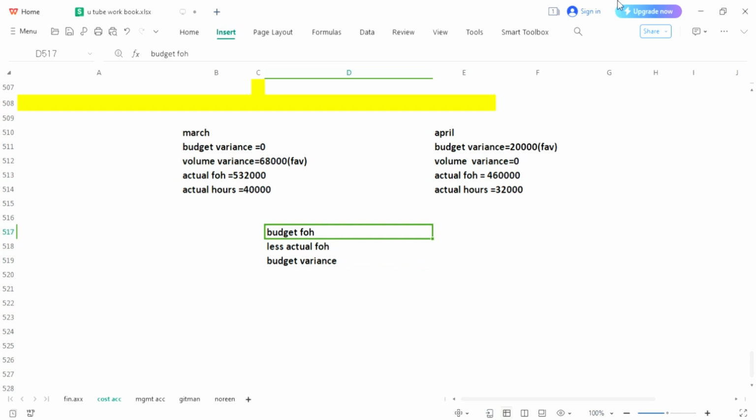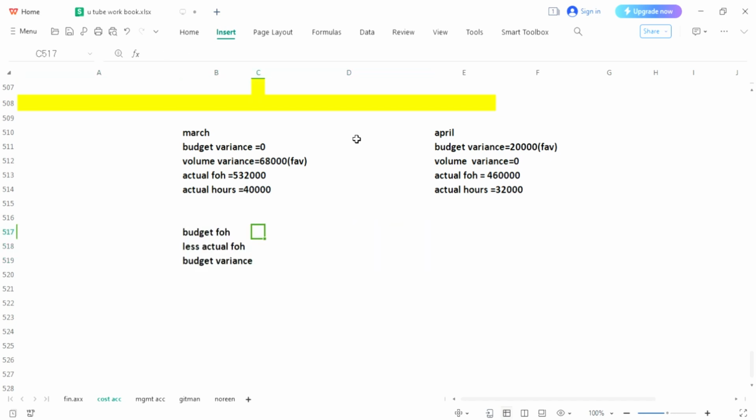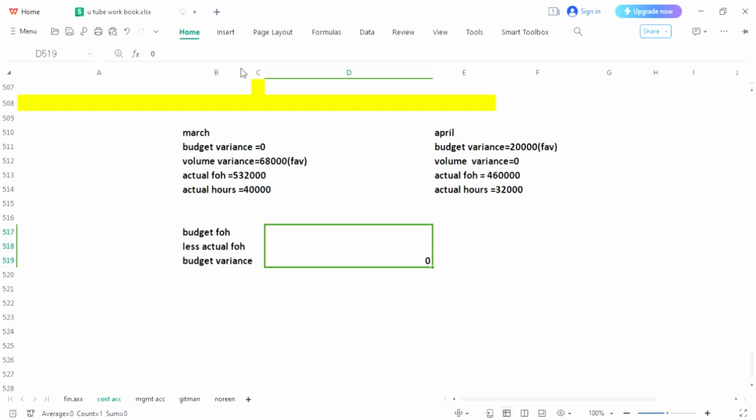Now for March, this information has been provided. Let's see, budget variance is 0, so you can write 0 here.